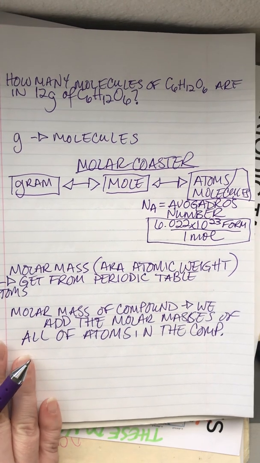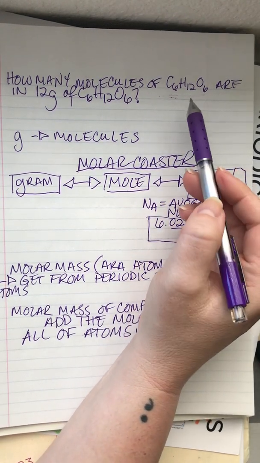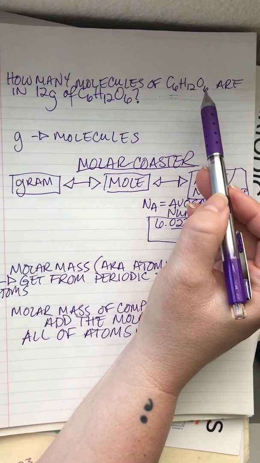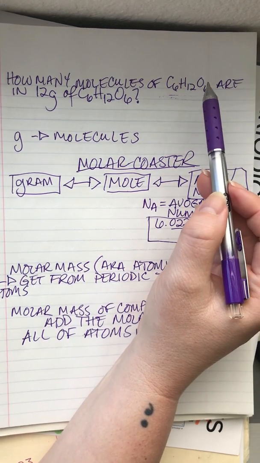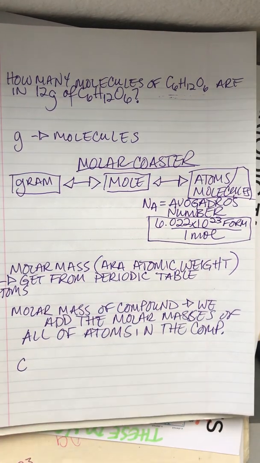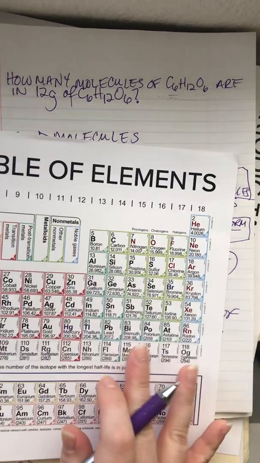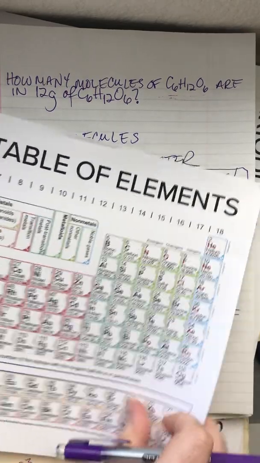So just a reminder that the chemical formula tells us what atoms are in the compound or molecule and also how many of each one there are, right? So carbon, and I have my periodic table here, has a molar mass of 12.011.